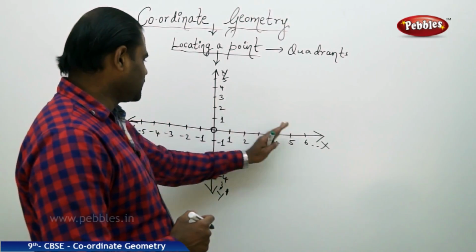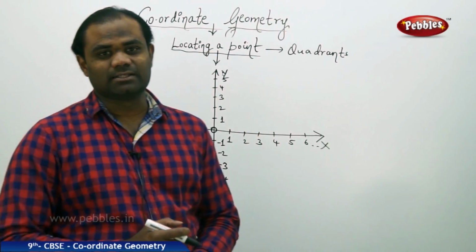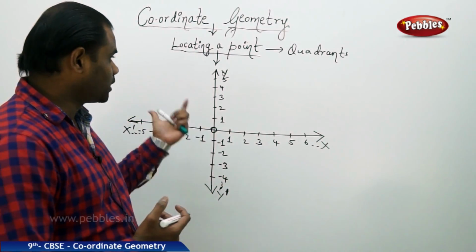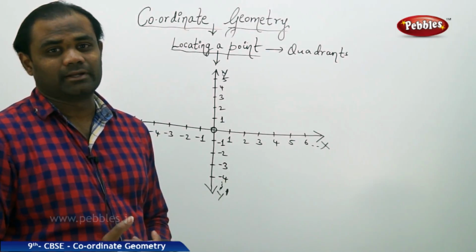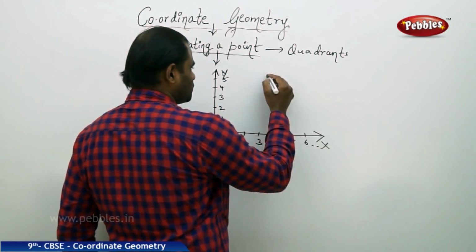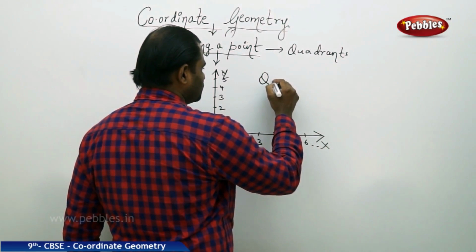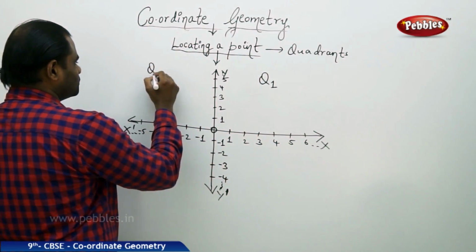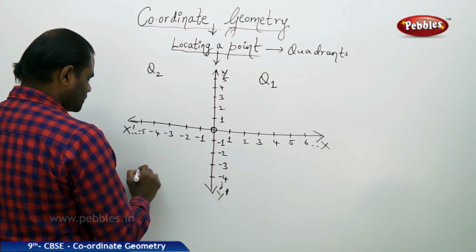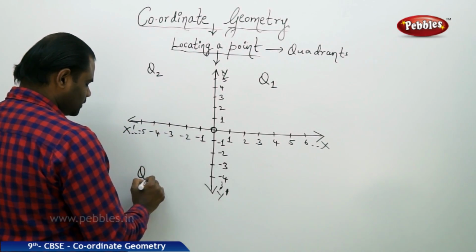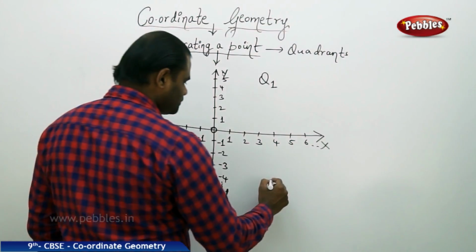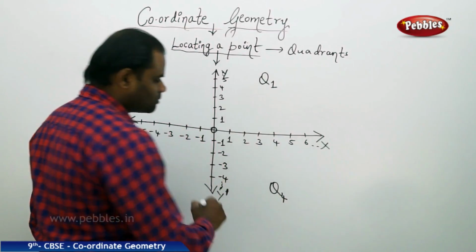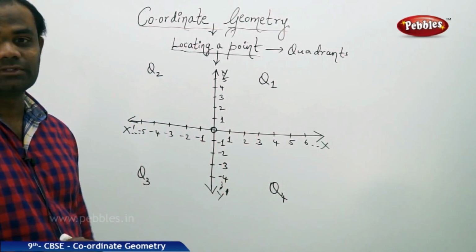So I have each of the values on the x and y axis as we have already discussed in the previous session. Now let's see how we can locate a point in the respective quadrants. As we have discussed, the first quadrant denoted by Q1 lies in this region, the second quadrant denoted by Q2 lies in this region, the third quadrant denoted by Q3 lies in this region, and the fourth quadrant denoted by Q4 lies in this region.